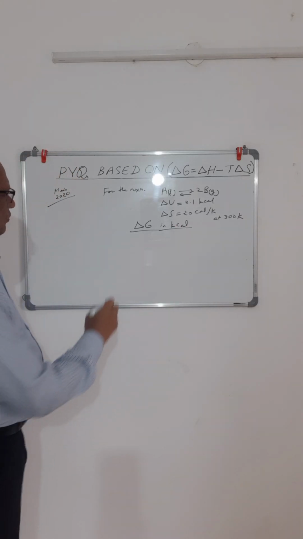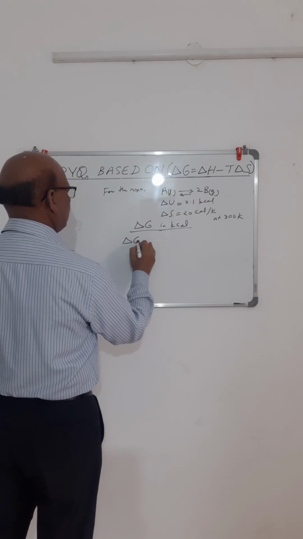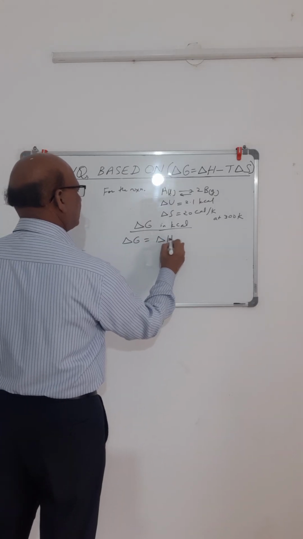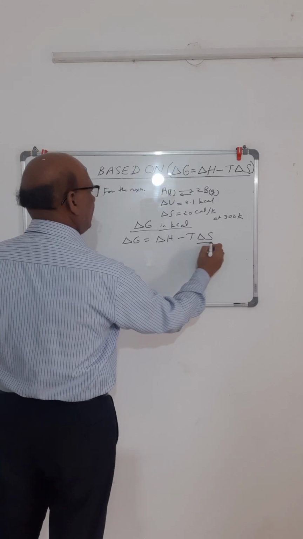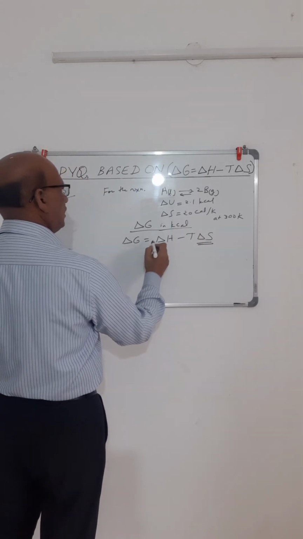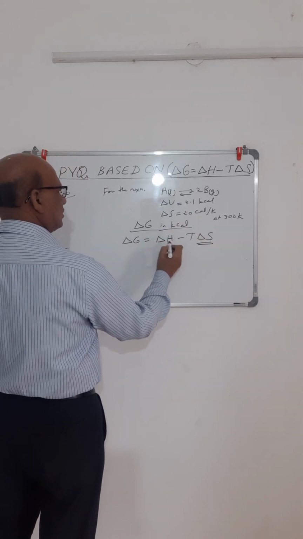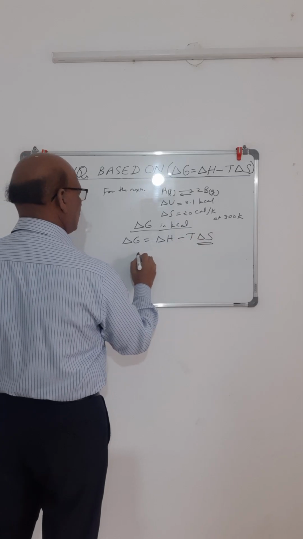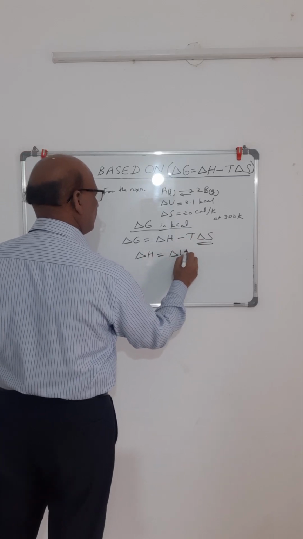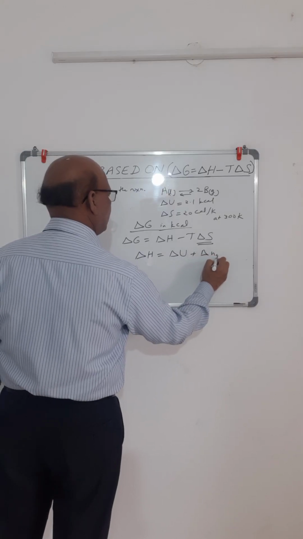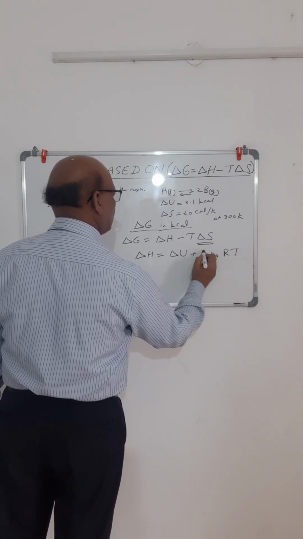We know that delta G is equal to delta H minus T delta S. Here delta S is given, but delta H is not given. Temperature is given. So we will apply the formula delta H equal to delta U plus delta Ng RT.